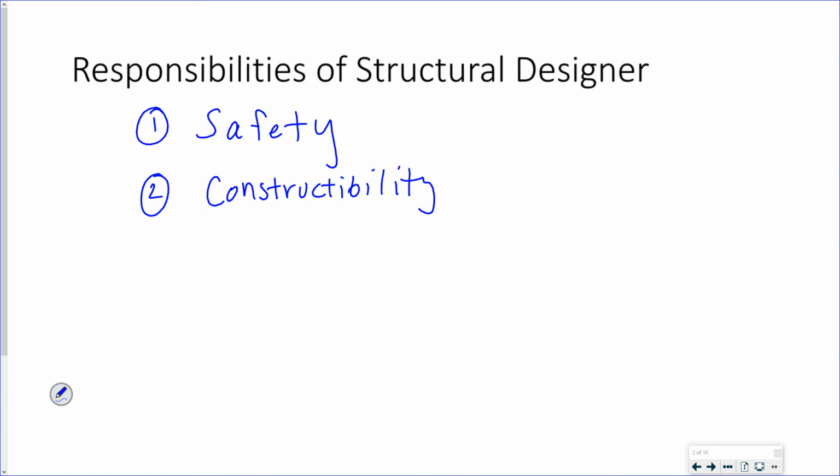And number three, cost. Is it going to cost a lot of money to build it? So safety, constructability, and cost. Ideally, cost would be at the end, right? Constructability and cost kind of go hand in hand. Safety number one, no matter what.